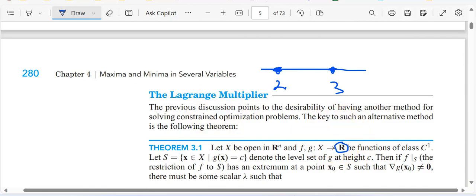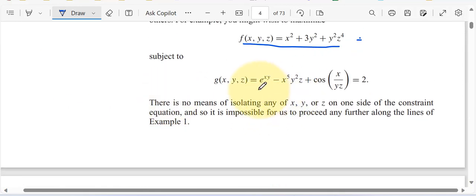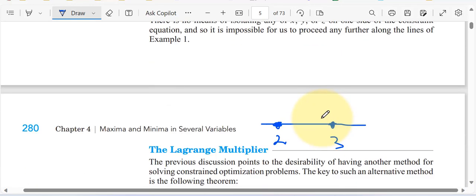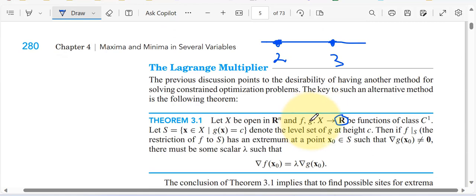And the same thing for the g function, even though it's a kind of complicated one. When you put in x's and y's and z's, you get out a number. Here we get 2. So both f and g output numbers. And this just means that they are continuous functions. We only want to work with continuous functions, but let's not worry about that either.